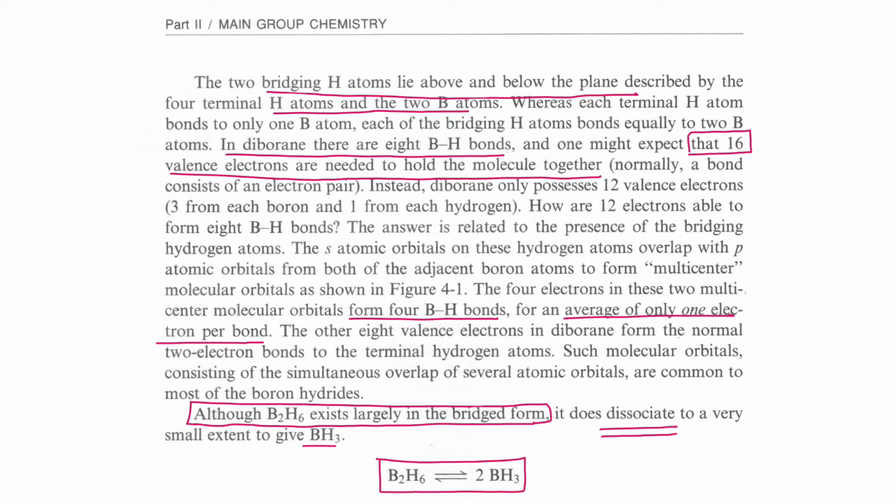B2H6 is the stable dimer form of BH3. It will dissociate easily into two BH3s, which we are going to use in this experiment.